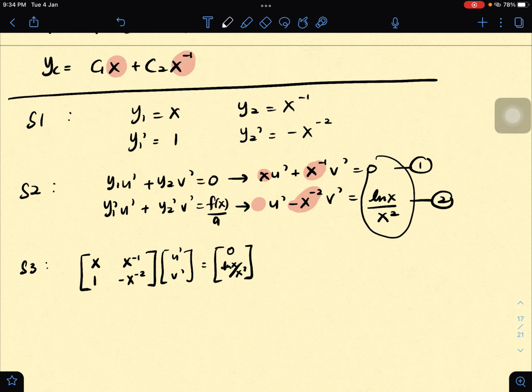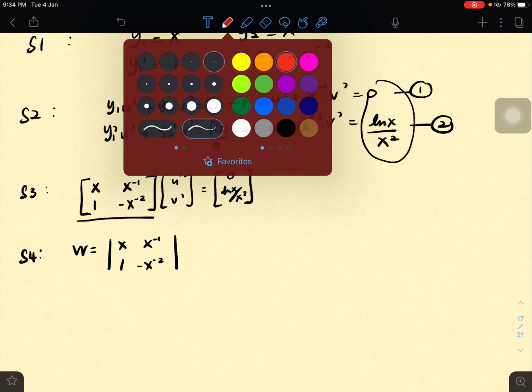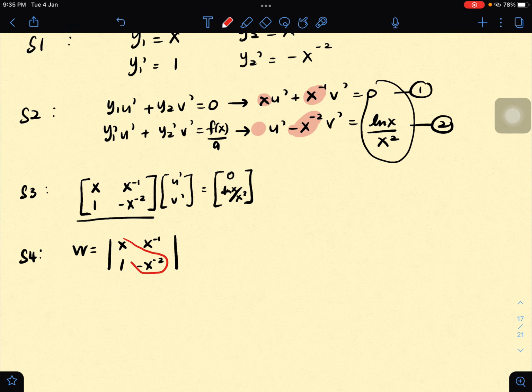Okay, so step number 4, you need to find the Wronskian value W, which can be found by finding the determinant of this matrix. So you have here x, 1, x^-1, -x^-2. To find the determinant, you use the formula where you multiply this element minus this element.